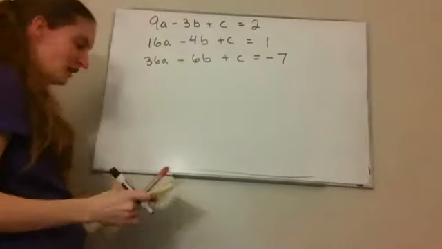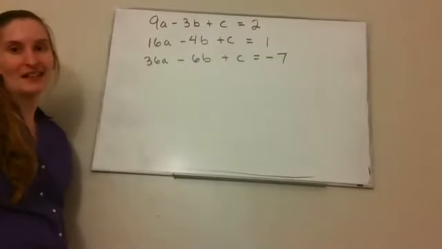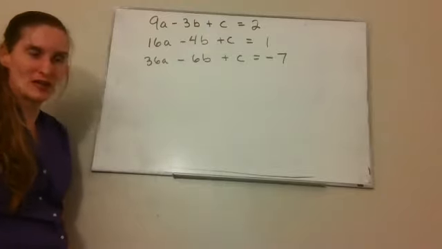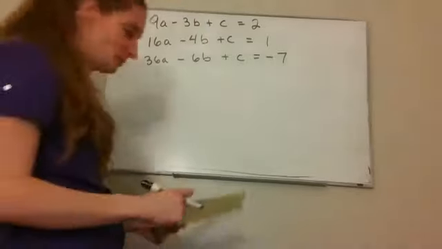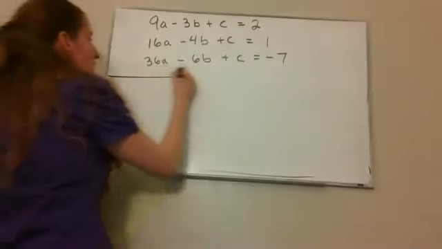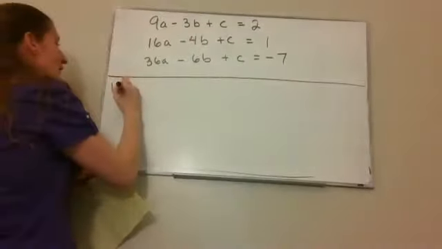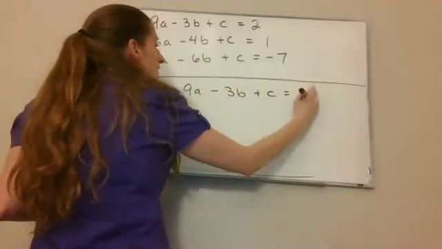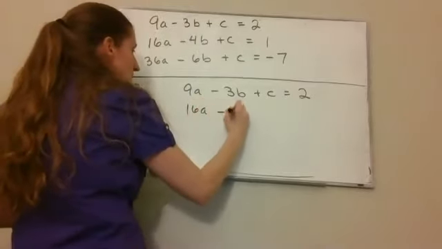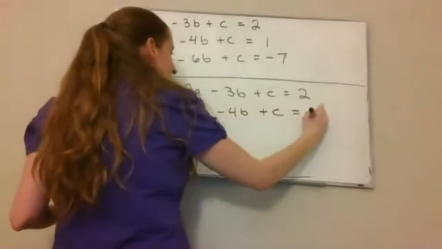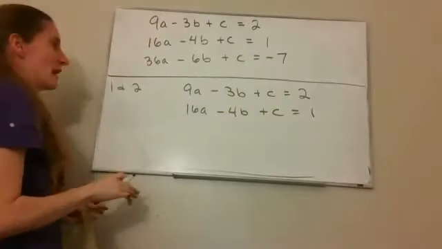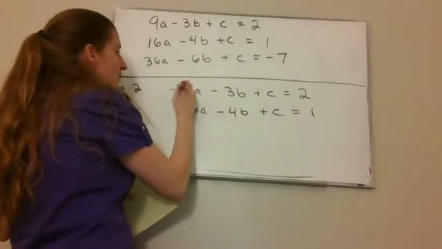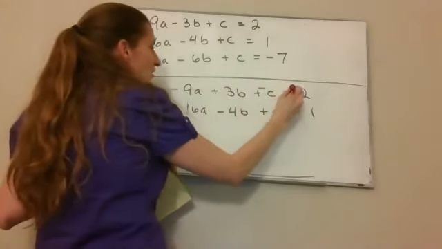And I think the easiest variable to eliminate is c, because I can pick any 2 pairs of these and then just multiply one of the equations by -1 and add them together. So let me choose equations 1 and 2 to start with. And I'm going to multiply my top equation by -1. That changes all my signs.